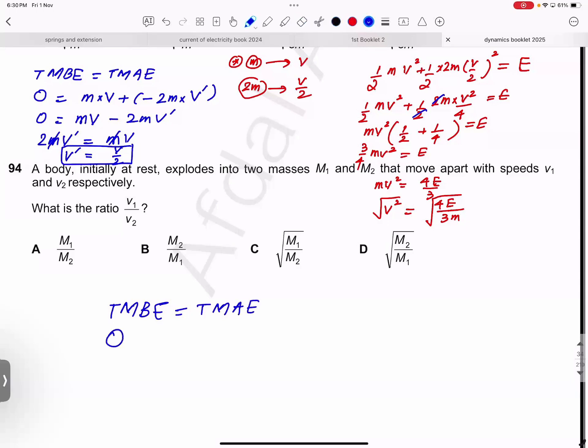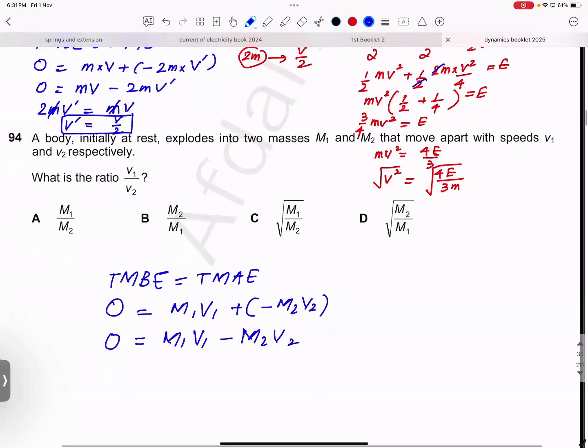Before, it was at rest. After explosion, m1 goes with v1 plus negative m2 goes with v2. This is a very low order of thinking; you can solve this within the twinkle of an eye. So 0 is equal to m1 v1 minus m2 v2.